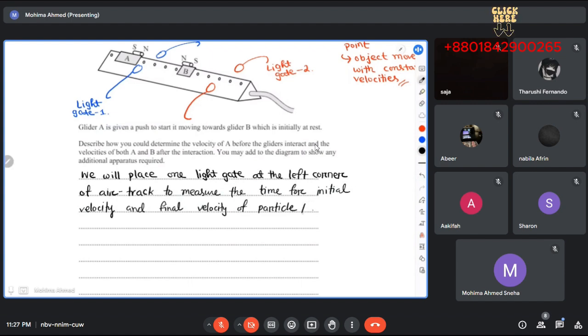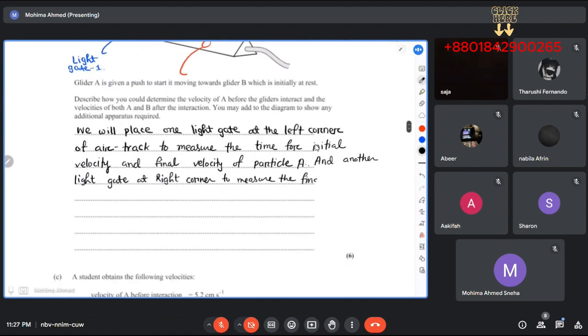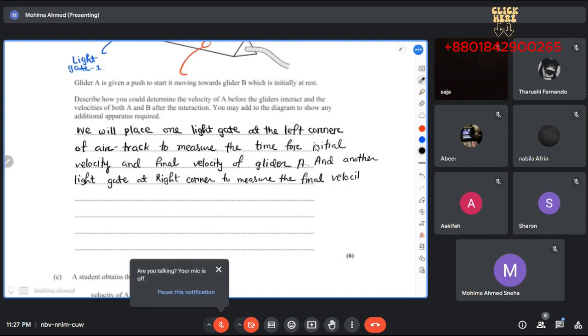And final velocity of particle A. And another light gate at the right corner to measure the final velocity, because particle A does not have any initial velocity, right? Another light gate at the right corner to measure the final velocity of glider B.